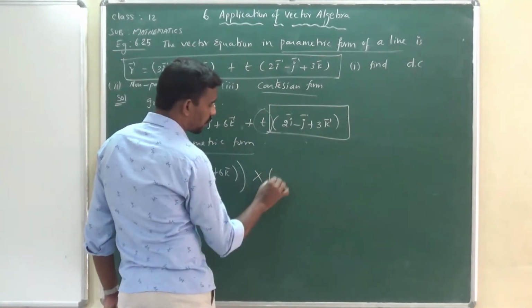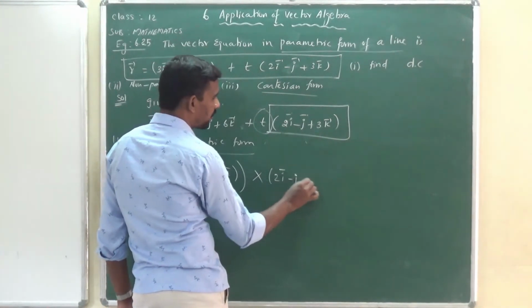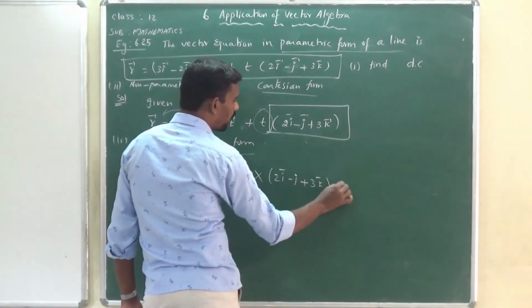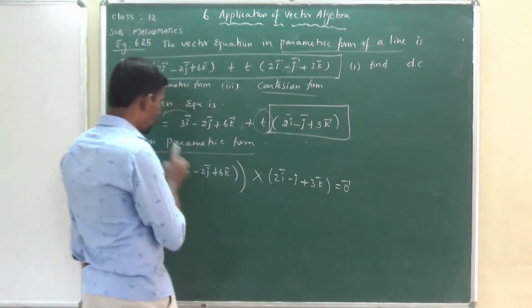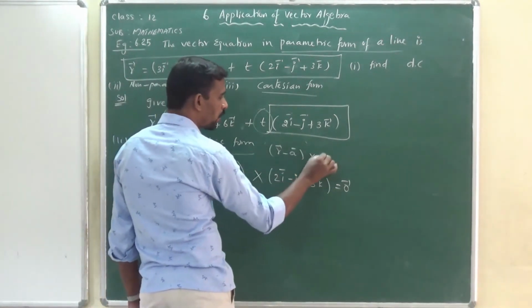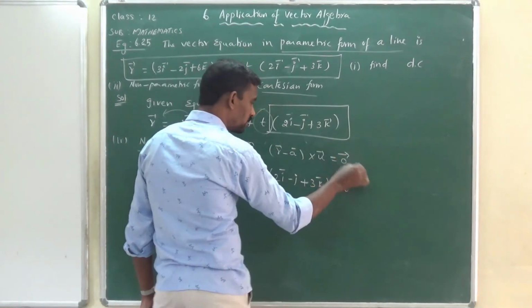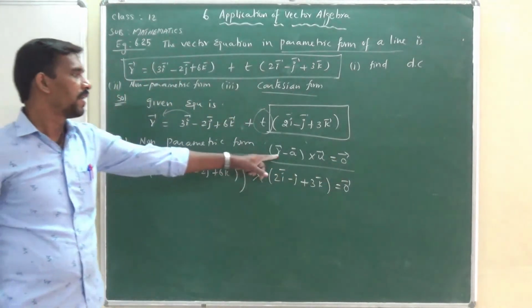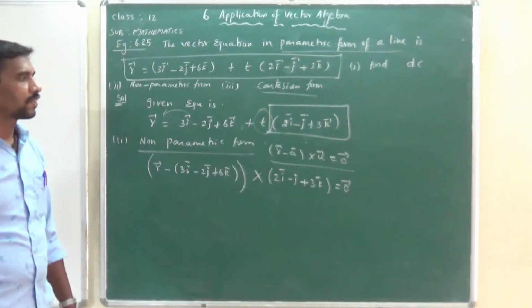Then take this vector 2i minus j plus 3k, which is equal to the zero vector. Because the non-parametric form is r vector minus a vector, cross u vector, equal to the zero vector.